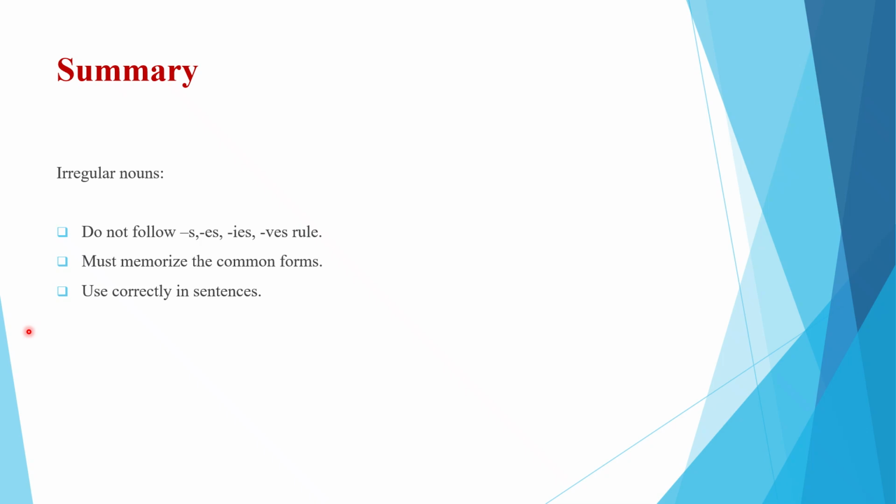So after you do all that, you will be able to remember them because there is no formula. Then after you get the correct form of the irregular nouns, both in the singular and the plural form, you are supposed to use them correctly in sentences for the sentences to make sense, both in singular and in plural. A lot of practice is required here.